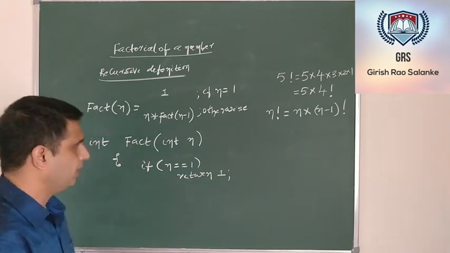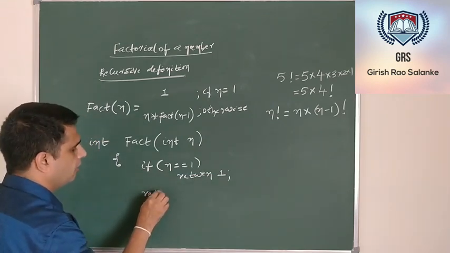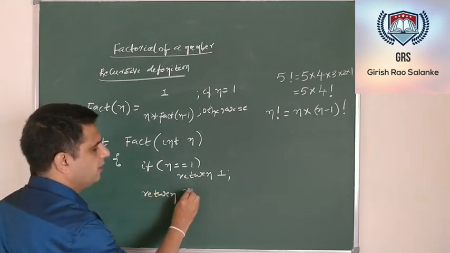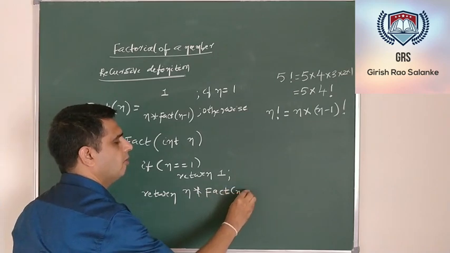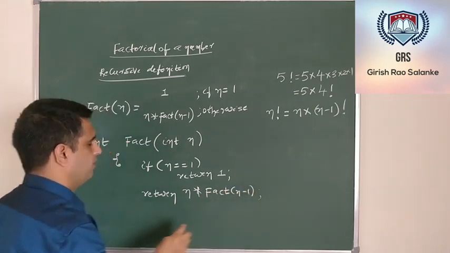If not, I am supposed to return n multiplied by fact of n minus 1.